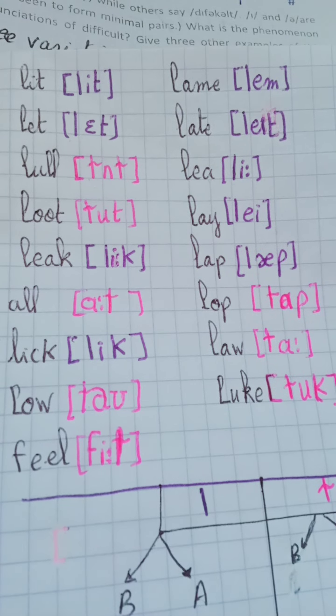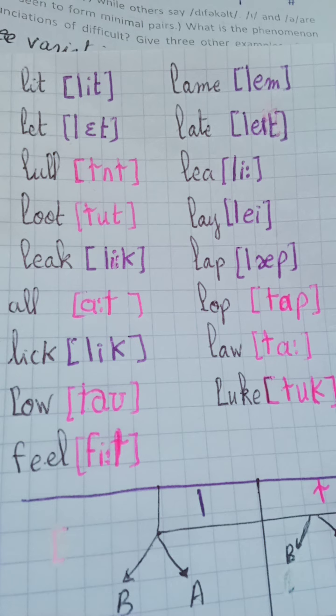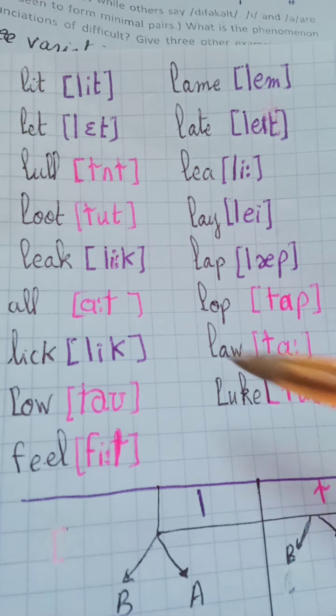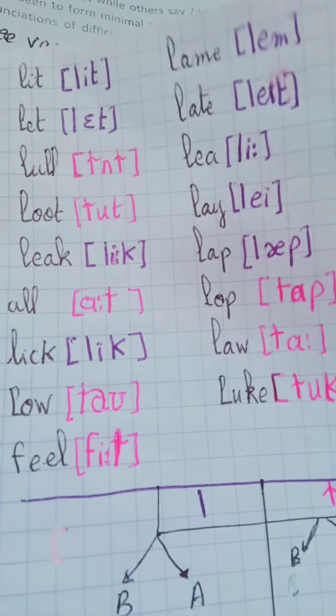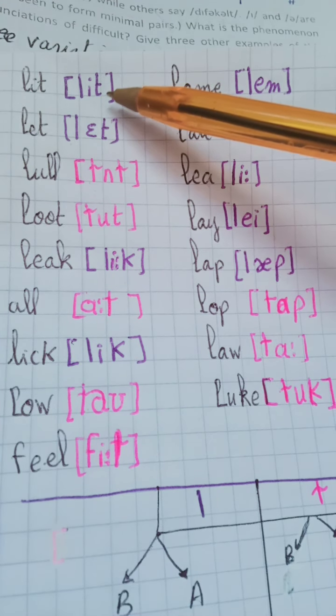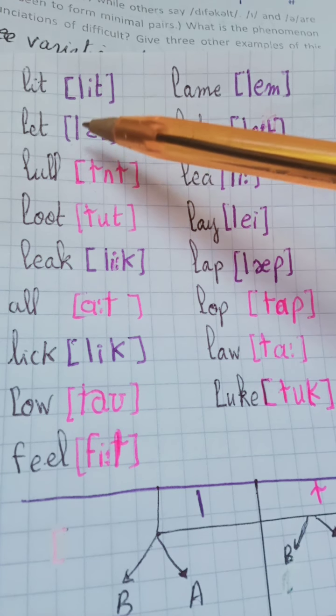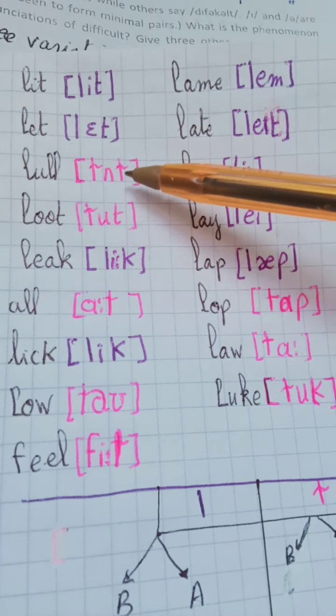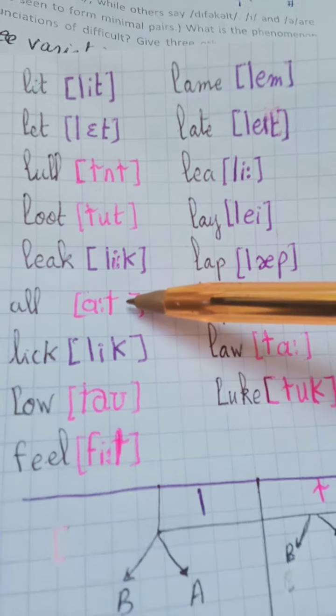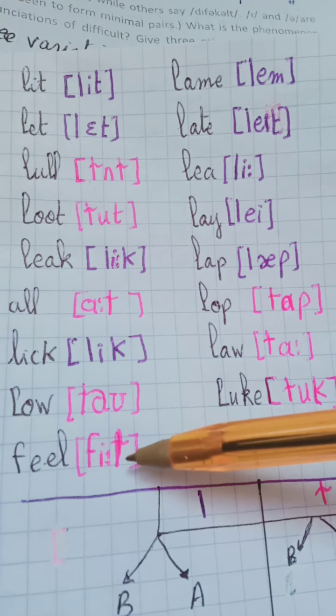A minimal pair is two words that have the same sounds and differ only in one phoneme that takes the same environment or the same position in those two words. Here, I write the words with light L in one color, and the words with dark L in another color.